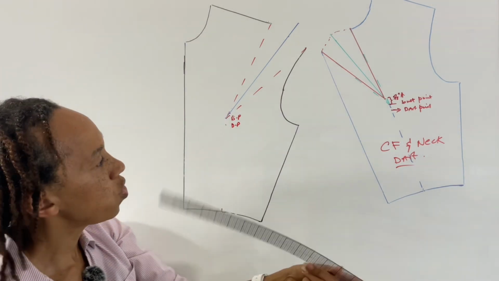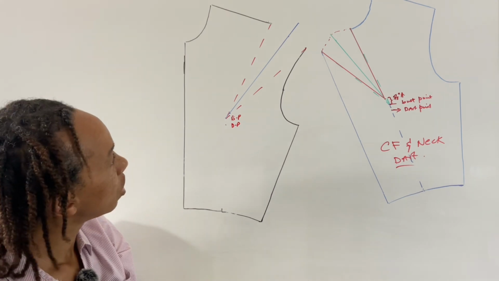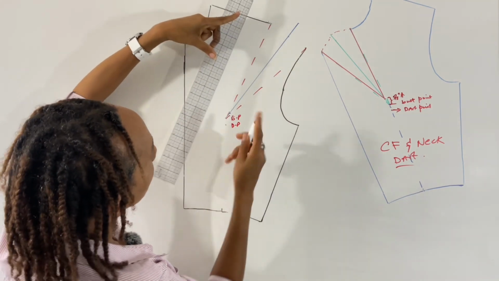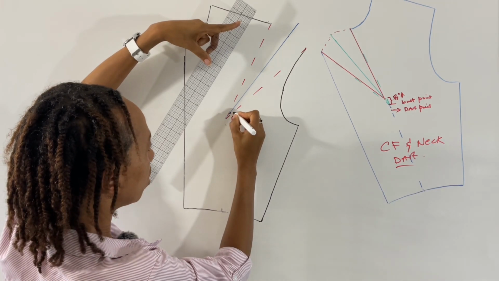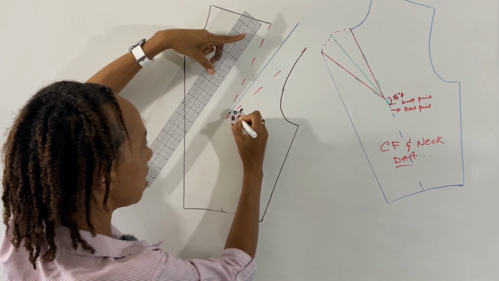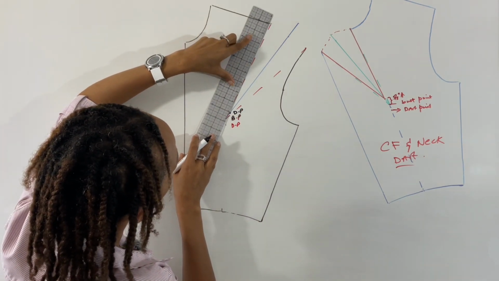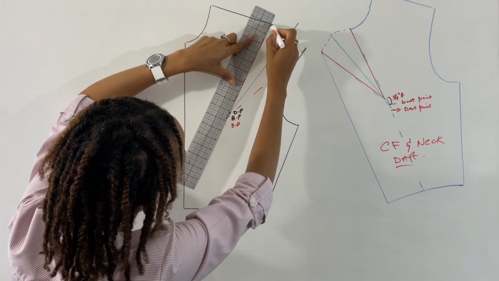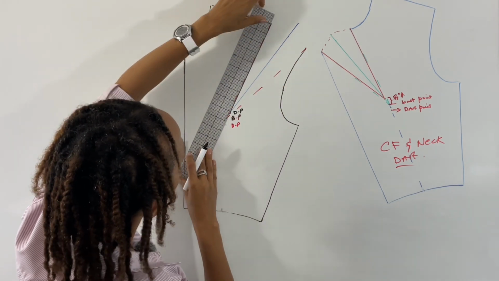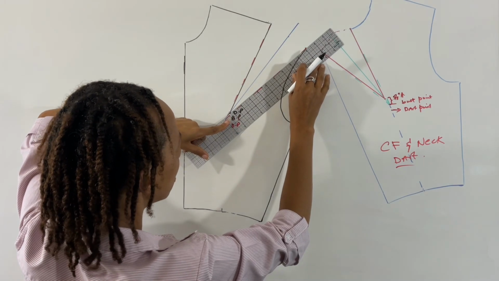So now you have that mark. You are going to create the new dart line, which is a new dart point. All right, this was the BP. And you're going to go like this. And solid line, you're going to use this time. And you're going to use another solid line on this end.